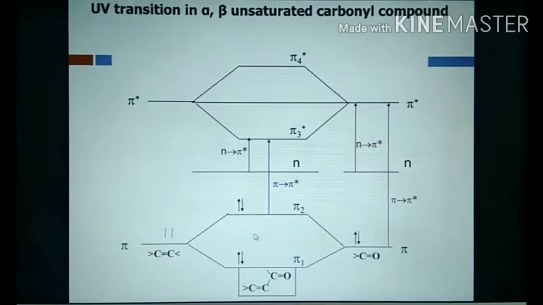Now you can see here whenever alpha beta unsaturated compound is irradiated with the UV visible light, one of the electron from pi 2 bonding molecular orbital undergoes excitation. What it is?